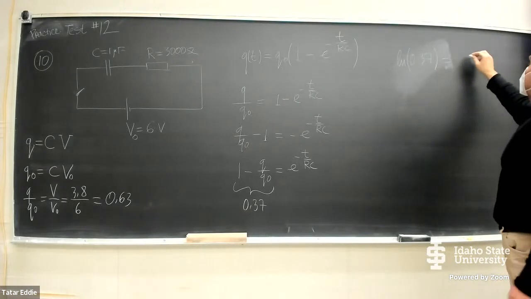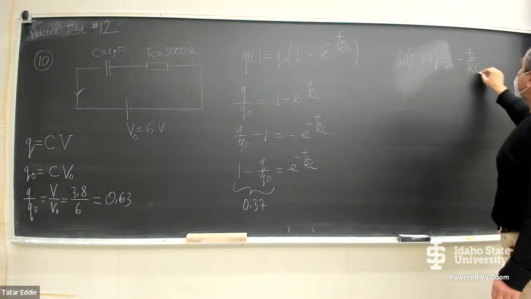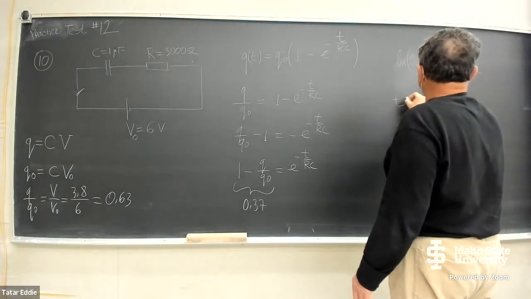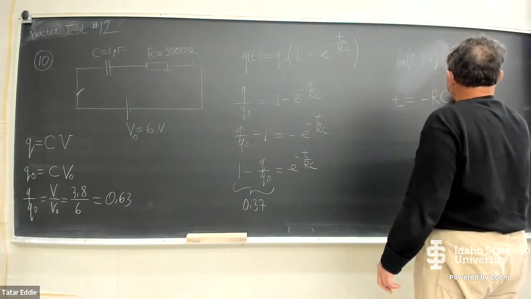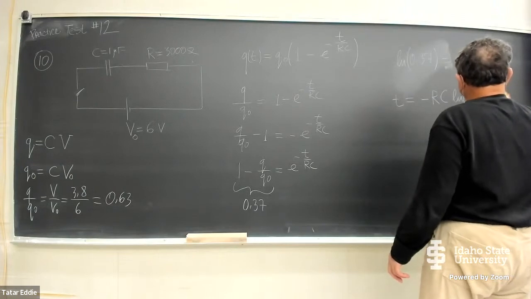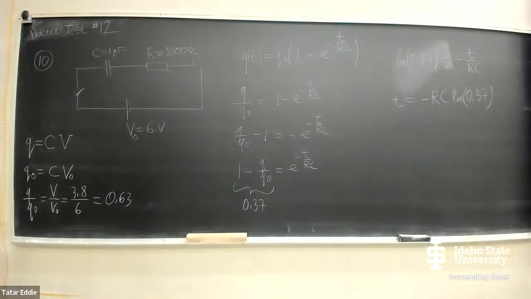So it is negative t over RC. And therefore, the time is equal to negative RC times the logarithm of 0.37. Well, this is what we get. So I hope that it is the answer, but again, the answers are not checked. You have the opportunity actually now to check the answer.